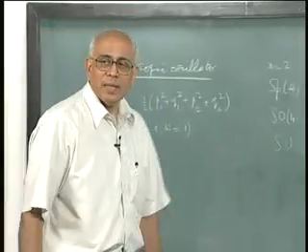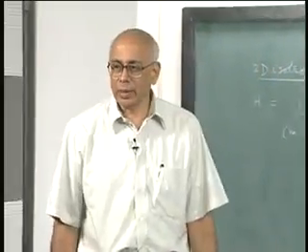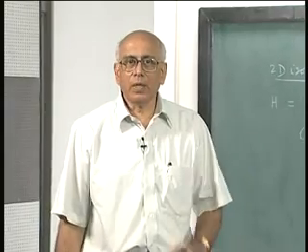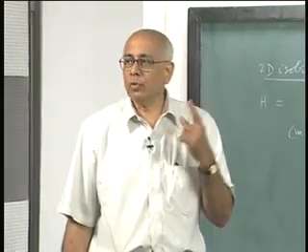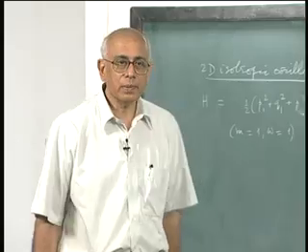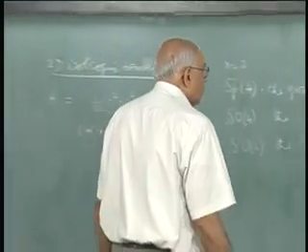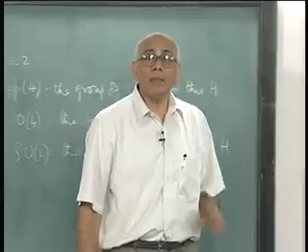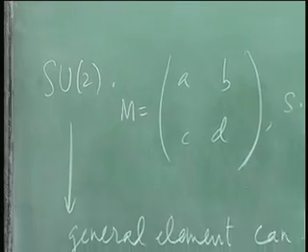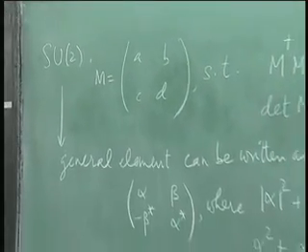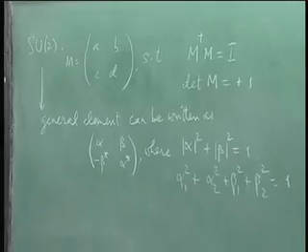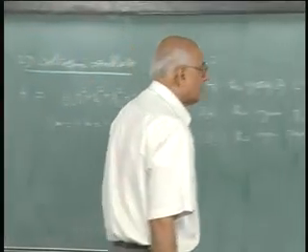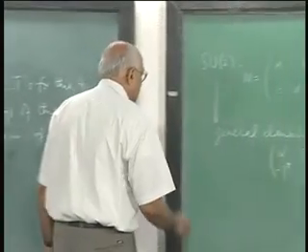What kind of object is that in this 4-dimensional space? It is the surface of a unit sphere in 4-dimensional space. So one says that the parameter space of SU2 is the surface of a sphere in 4-dimensional space. It is denoted by S3, a 3-dimensional sphere.